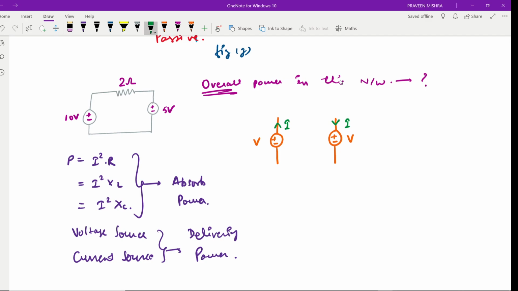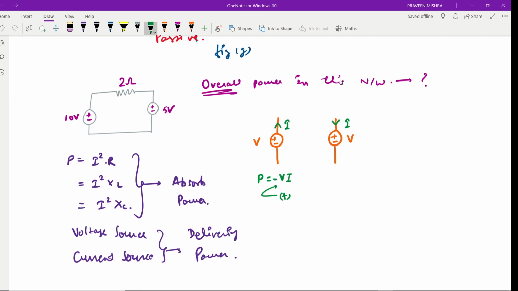In this scenario, if we calculate the power, it will be P equals V into I, which means positive. If the power is... no, it will be negative.